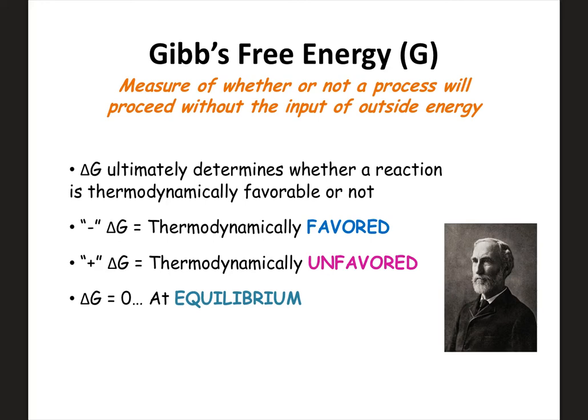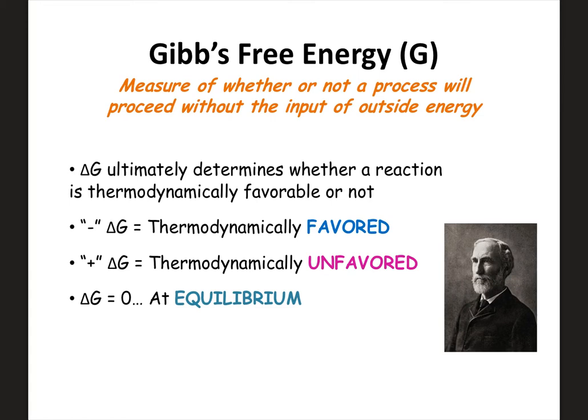That means the reaction will just happen on its own without any outside energy needed. If you get a positive delta G, that means a reaction is thermodynamically unfavored. All right, so that's not going to be preferred here. It's going to need some type of outside energy to get it to go. It can happen, but you're going to need some outside energy to make that occur.